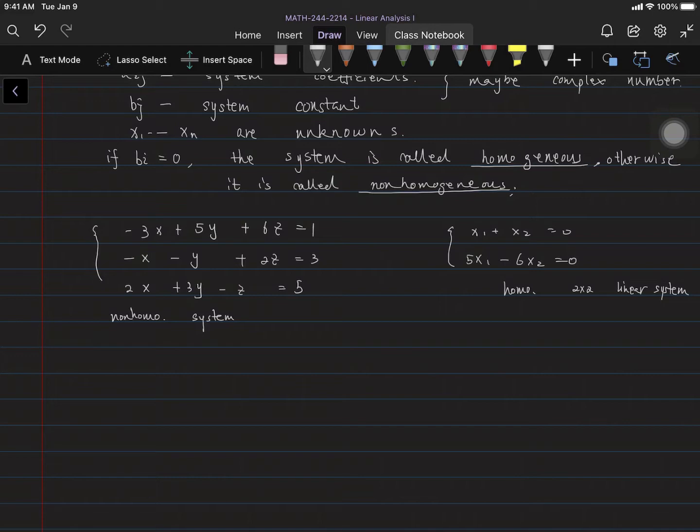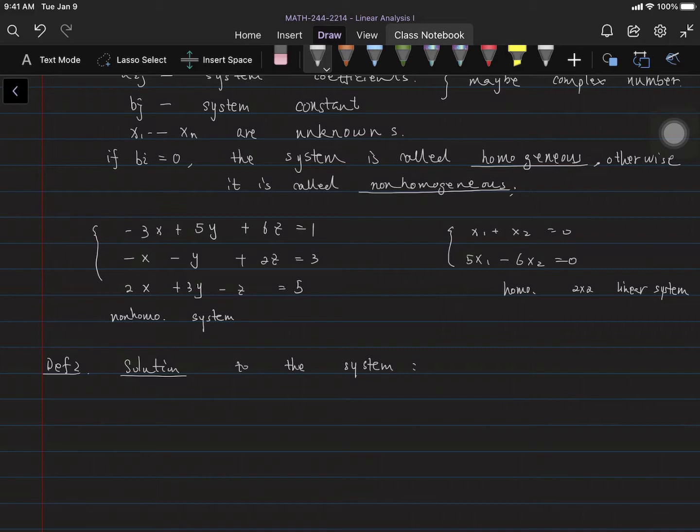Let's take a look at the solution. So let's see, definition 2, solution to the system. Here I'm just going to give you a brief definition. What's the solution?